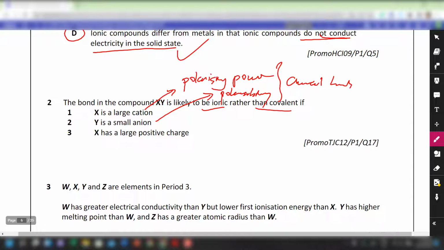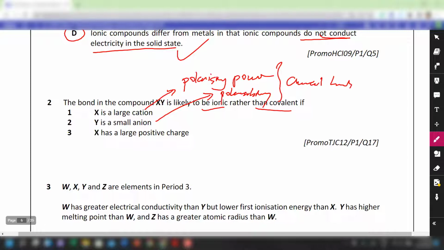That means if my cation is small and the charge is high, it will have very strong polarizing power. It means that it's able to polarize an anionic electron cloud. Then for anion, if my anion is large, that means the electron cloud can be easily distorted. So we say that the anion has high polarizability.